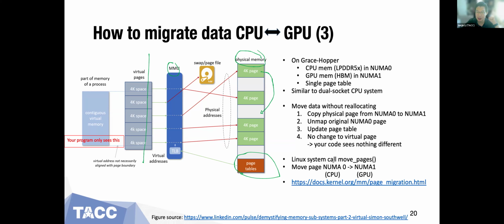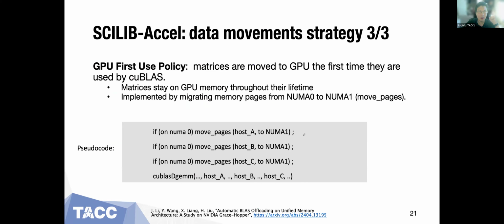And it turns out this can be done easily by a Linux system call called move_pages. And move_pages, if you give it a target and a source, can move your memory page from NUMA 0 to NUMA 1, basically moving data from CPU to GPU. So our third policy, now we can finally fully implement our third policy, the GPU first use policy.